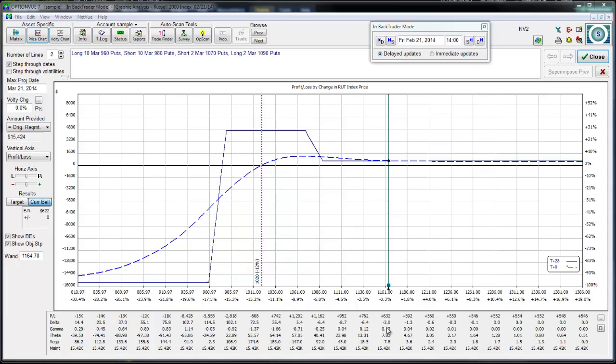As you get farther and farther away, look what happens to your Theta. It begins to get smaller and smaller because you're farther away from where the bulk of your position is. Same thing with Vega. As you get farther away, it becomes less sensitive to changes in volatility. And your Delta max, as I said, is right around where the market is trading. So you've put yourself in a profitable position while at the same time still keeping control of your Greeks.